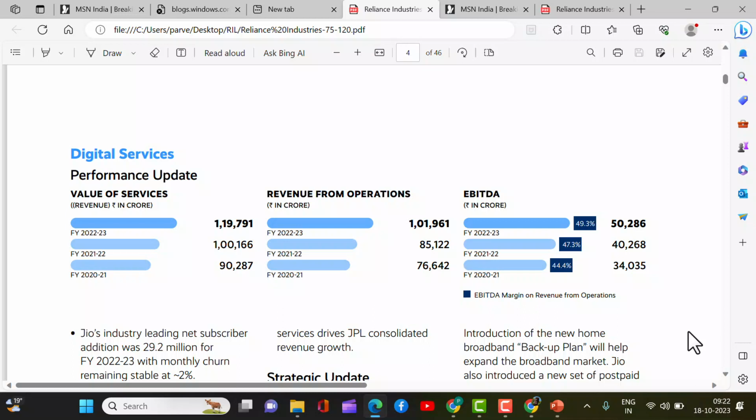So every month new additions are there. Old customers also leave. Sometimes I'm migrating from Reliance to Airtel, and what do you call that? Portability. So you are porting yourself from one operator to another because you don't like Reliance, you are fed up with Reliance because your area is not being well served. So we will just go to another. That is called the churn. So there is a 2% churn.